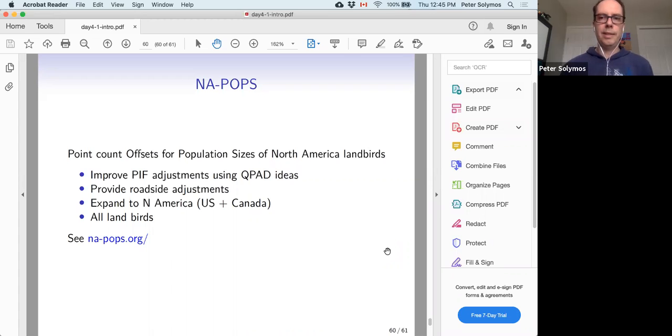So that was it. And so now, if I have to summarize, why is it a good idea to use all this complexity? I would say if you have a single method and you want to talk about density and you say, well, I think these assumptions are kind of okay, then you can go ahead and adjust for time and distance and get something that you would interpret as density.